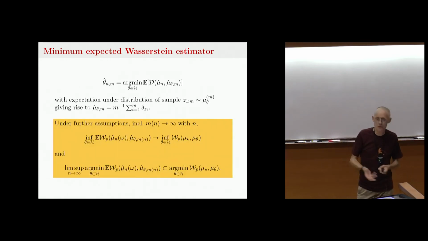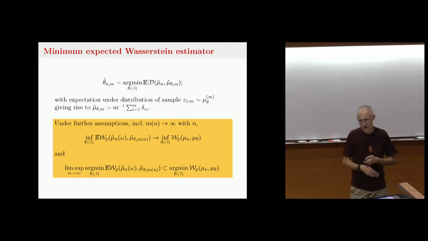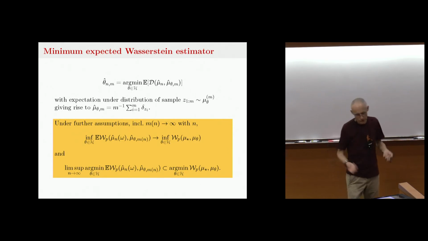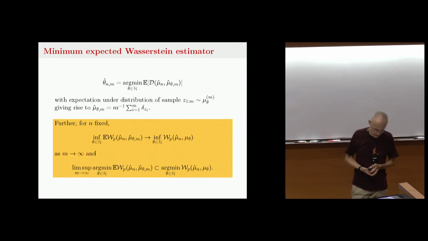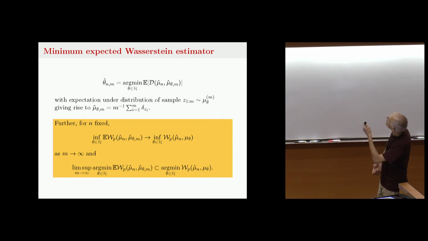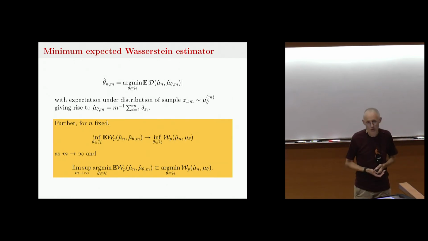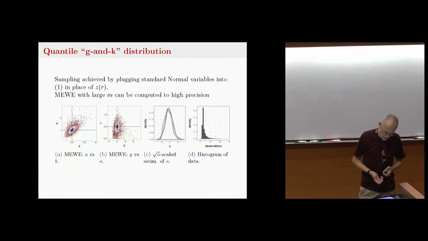And in that case, we can reproduce most of the convergence results under stronger or even stronger assumptions. But there is convergence of the estimator theta hat to the pseudo-true value of the parameter as n and m, m being the number of Monte Carlo simulations for the expectation, grow to infinity.